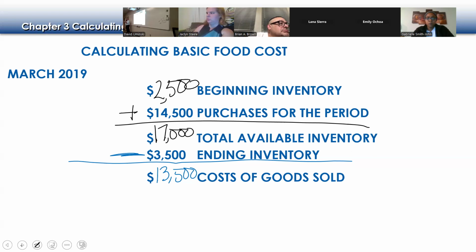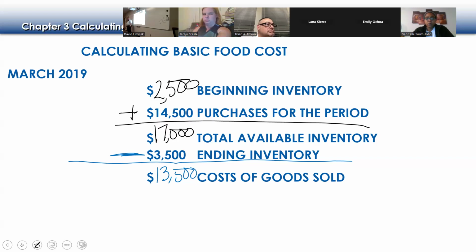Some months we know we're going to earn more money, some months less, okay? But ultimately, this is cost of goods sold. It takes into account our beginning inventory, all of our total available. We subtract the ending inventory, what's still left in our coolers and dry storage.